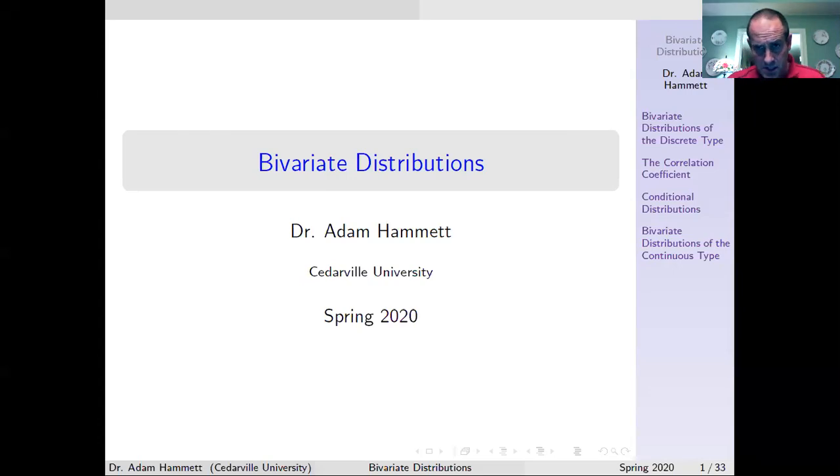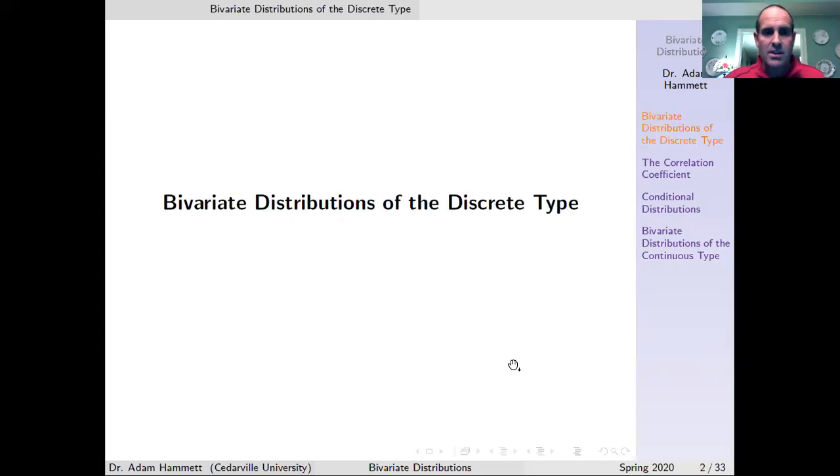But all the stuff that we're talking about has analogs in higher numbers of variables as well: 3, 4, 5, what have you. Once you understand what's going on for two, it's really not all that much of a stretch to extend that to any number of variables. So just keep that in mind.